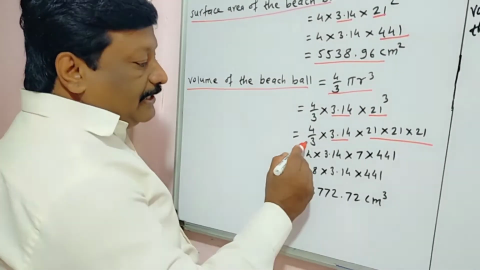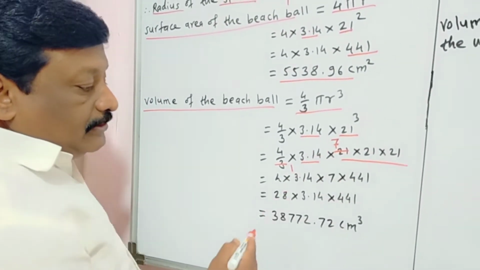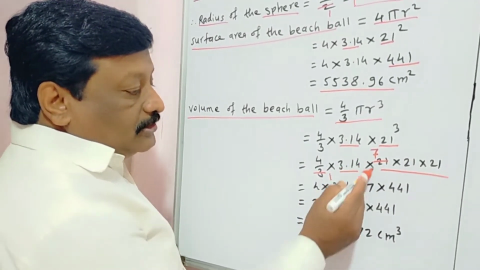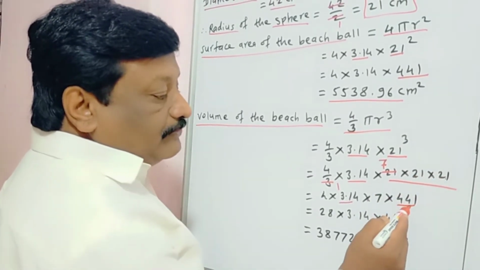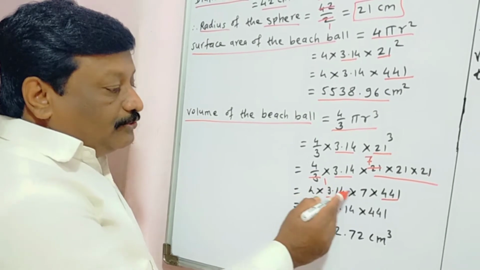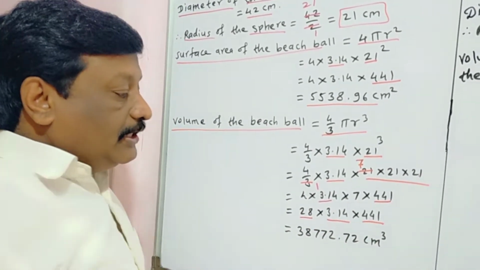We can simplify it like this, 3 ones are 3, 3 sevens are 21. Then equal to next step, 4 into 3.14 into 7 into square of 21, or 21 into 21 is 441. Then 4 into 7 is 28 into 3.14 into 441.